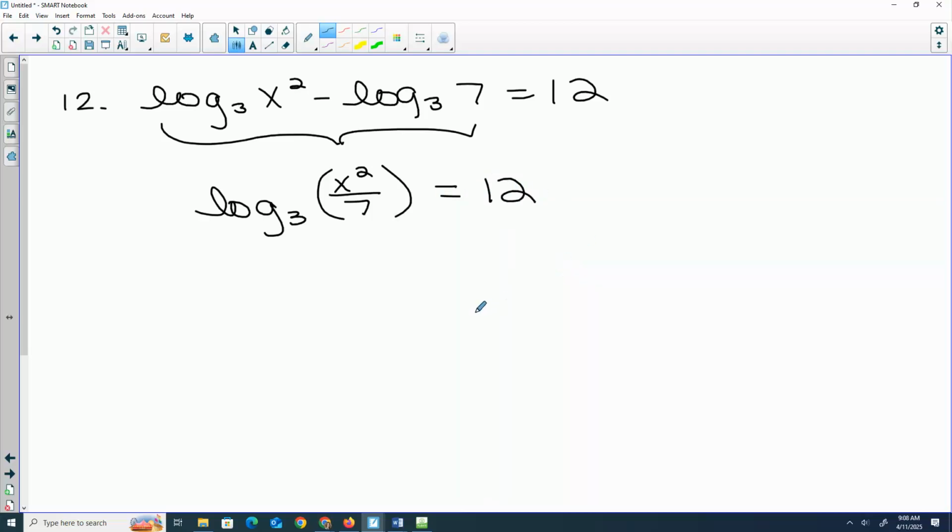7. Now, anytime you only have a log on one side, what do we do? So 3 to the 12 equals x squared over 7. What would you have to do at this point?